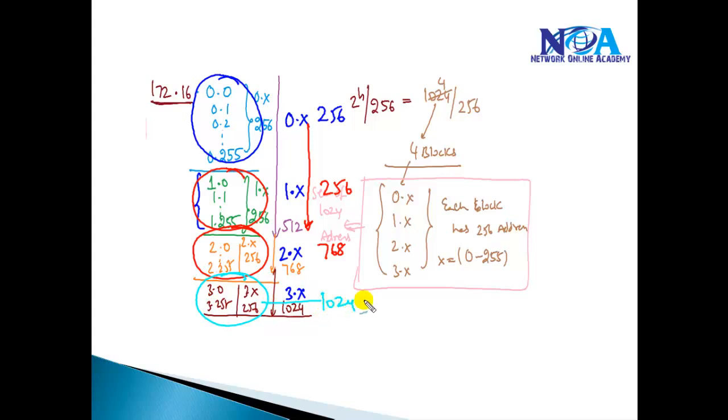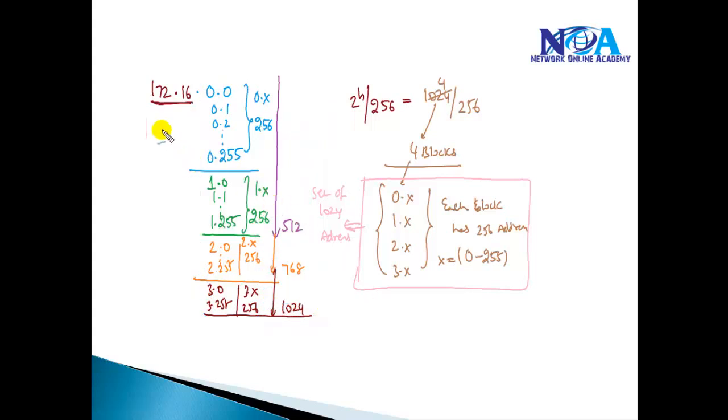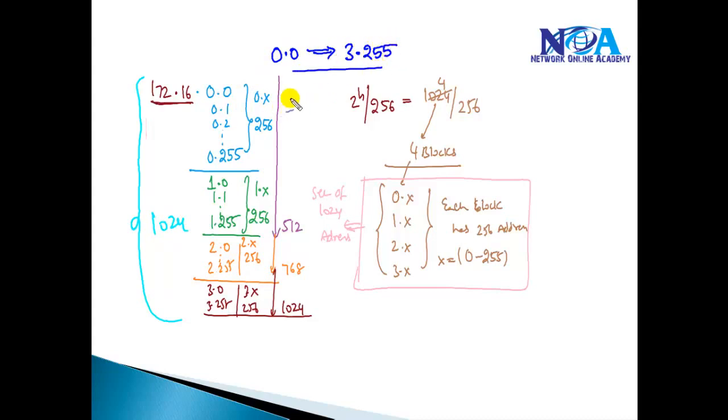The total becomes 1024. So in general, the group of 1024 addresses is going to start from 0.0 and end at 3.255.